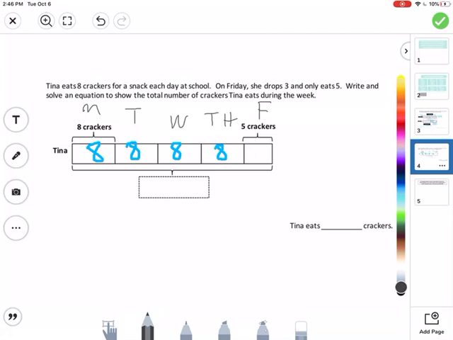Well, we know she eats 8 crackers every day, Monday through Thursday. So that's 4 days times 8. That equals, let's skip count by 4s 8 times. Everyone hold up 8 fingers. 4, 8, 12, 16, 20, 24, 28, and 32.